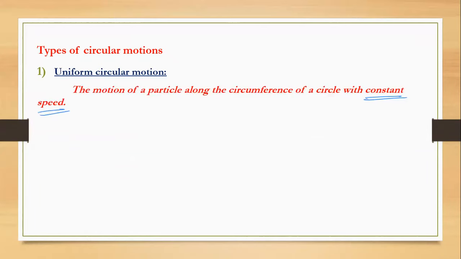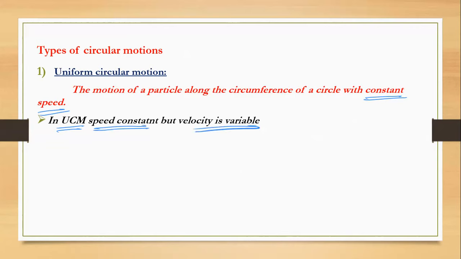So you can see the definition: the motion of a particle along the circumference of a circle with constant speed. You remember here, UCM means uniform circular motion. Speed is constant, but velocity is variable. Now how is it?